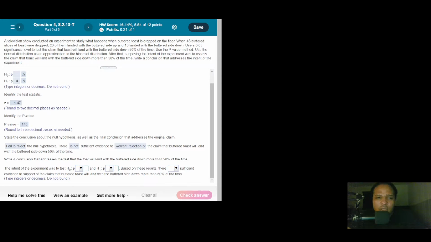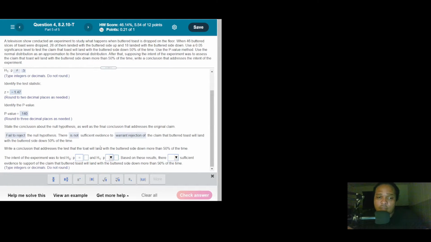So H0 is still going to be equal to no matter what. And we're going to use 50% again, so 0.5. Let's go ahead and put 0.5 here as well. Now it says more than. More than means greater than. That should be correct.